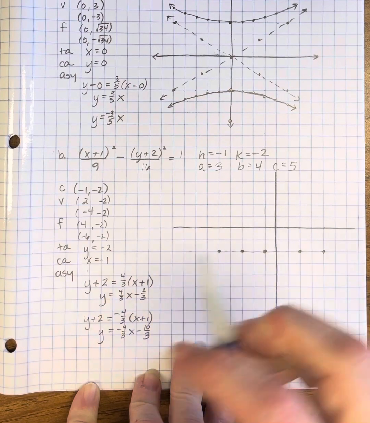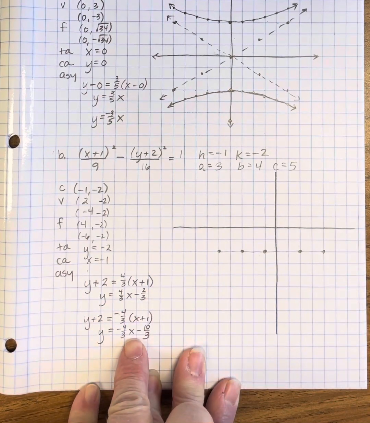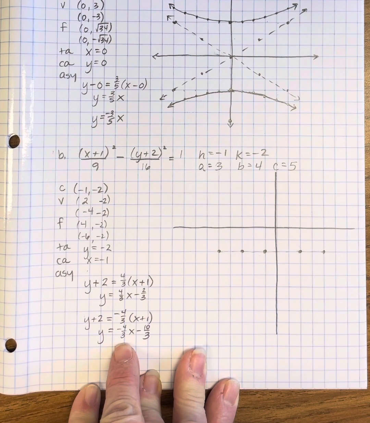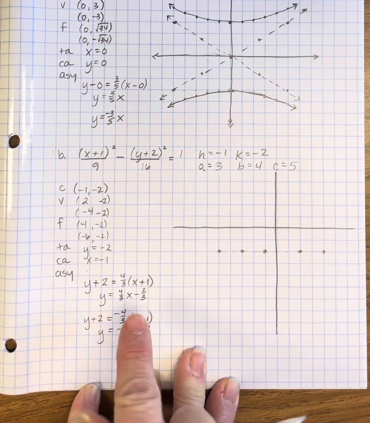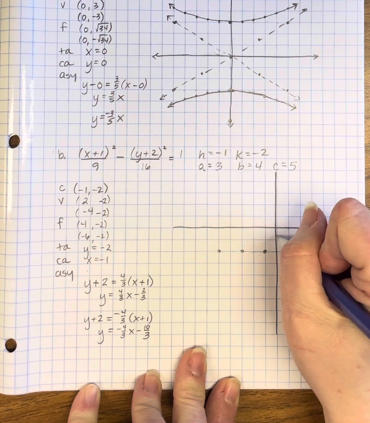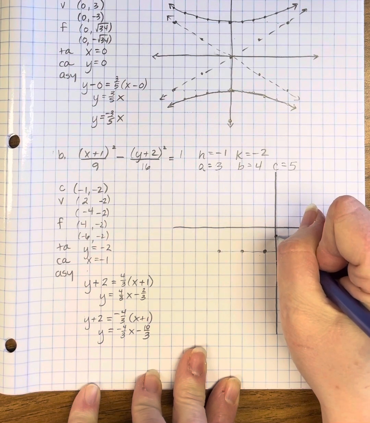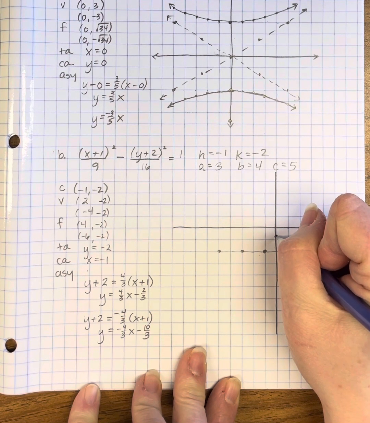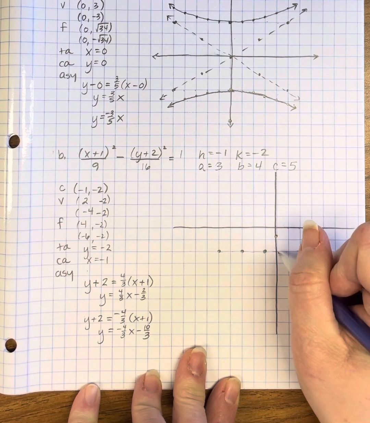Before I graph my branches, I'm going to graph my two asymptotes. So I am going to go negative 2/3, and then my slope is a positive 4/3.